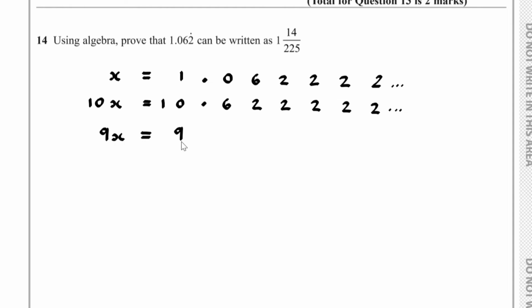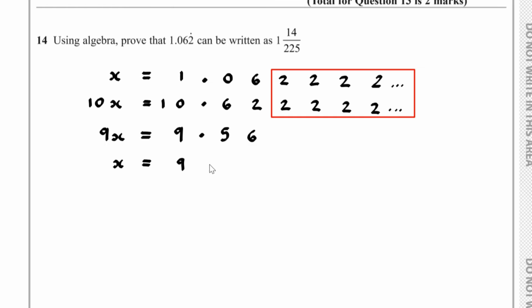So we've got 9.56, and that's because these terms would cancel. So if 9x is equal to 9.56, we can find out what 1x is. So that's equal to 9.56 divided by 9.